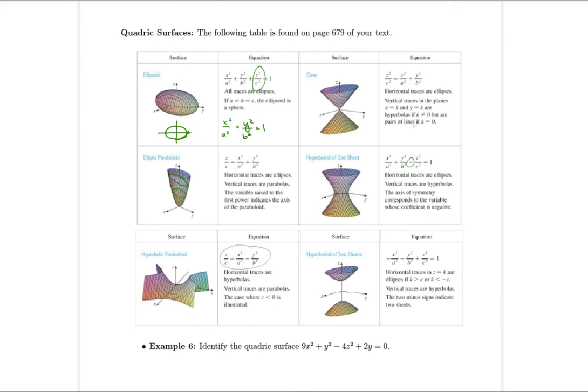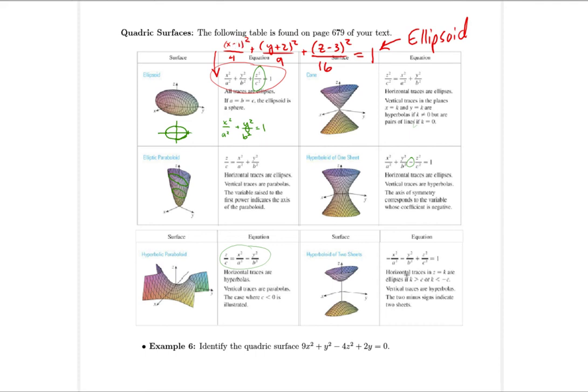If I took this form of an equation and I said (x minus 1) squared over 4 plus (y plus 2) squared over 9 plus (z minus 3) squared over 16 equals 1. That's still an ellipsoid. It's just been shifted so that its center is now at (1, negative 2, 3).